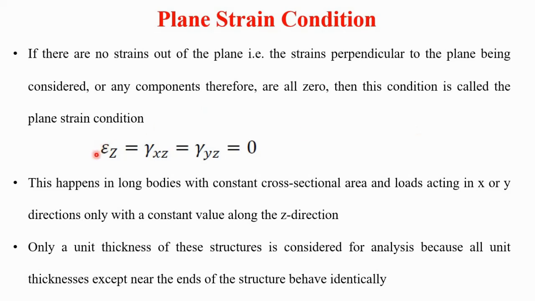So we can see here that the strain epsilon z along the z direction, gamma xz and gamma yz are equal to 0. This happens in long bodies with constant cross-sectional area and loads acting in x and y directions only, with a constant value along the z direction.